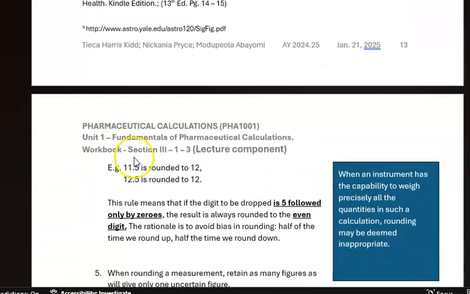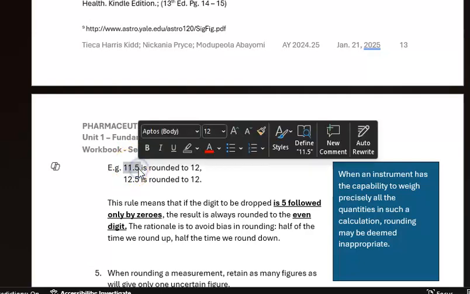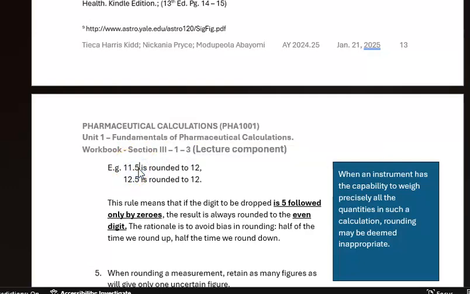So let's look at this. If it's 11.5, they're saying nothing follows, no 0, no number follows, so you round this to 12. If it's 12.5 but no number followed, you can round it also to 12. You can drop it or you can increase it.